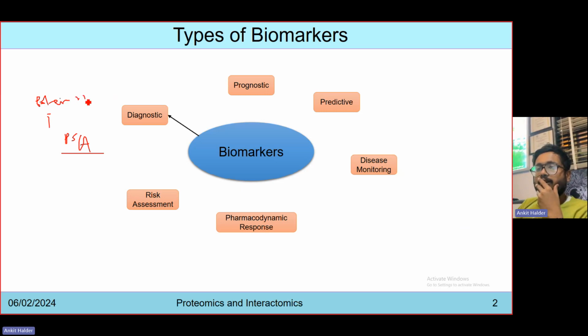So it is a protein marker, and you can measure this protein to find out about prostate cancer. So this can be a diagnostic one.